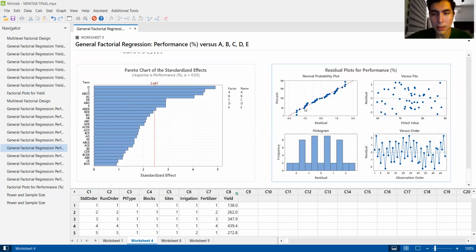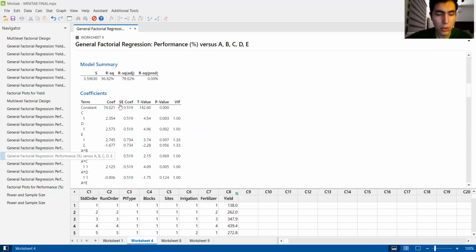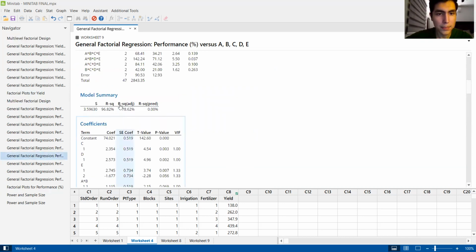We can still see that it's improving, but we can improve it a little more, maybe by taking out the B, C, and D factor, which is what I did next. By doing this, I did the analysis again, and we had an R square of 96.82% and an R square adjusted value of 78.62%, which means that we're still improving the model.